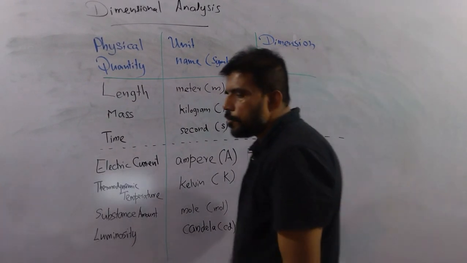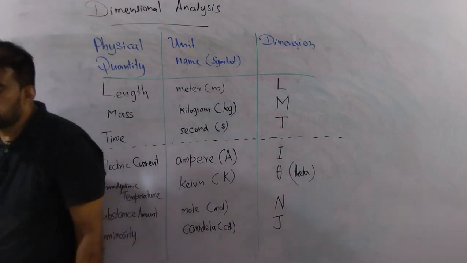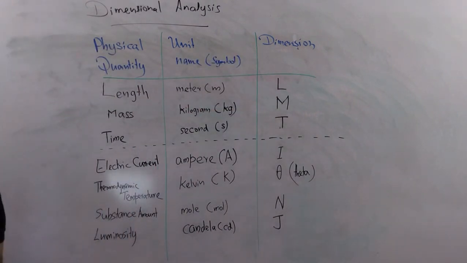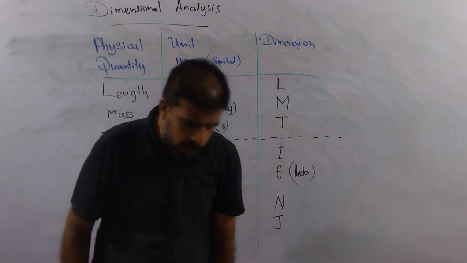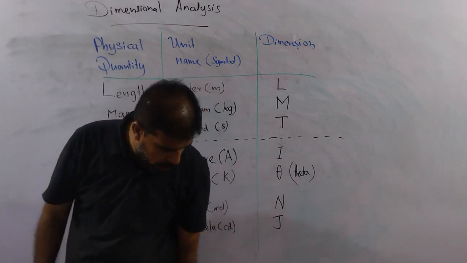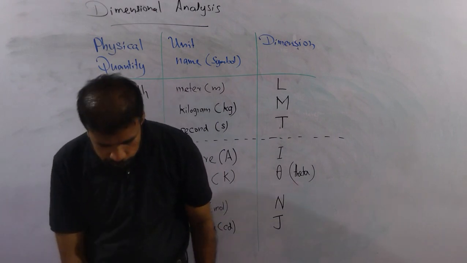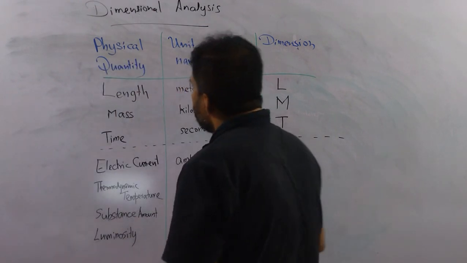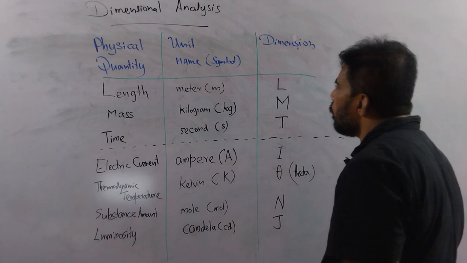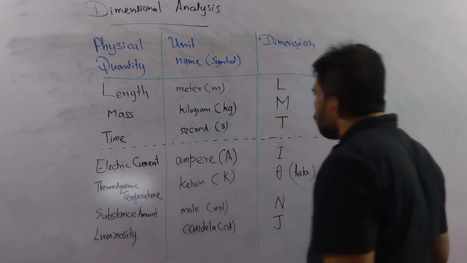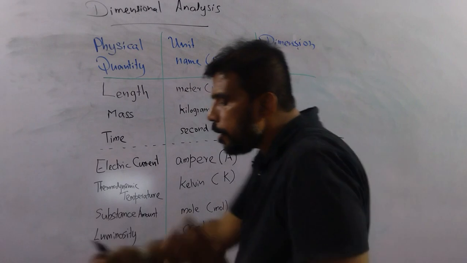Alright, so these are the dimensions for the fundamental quantities we learned so far, and mainly the first three, that is length, mass and time, are much more important and much more used than the others under this syllabus.